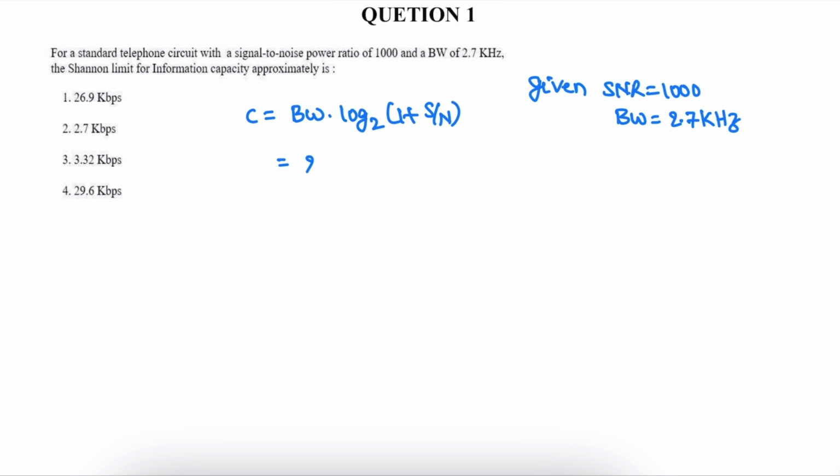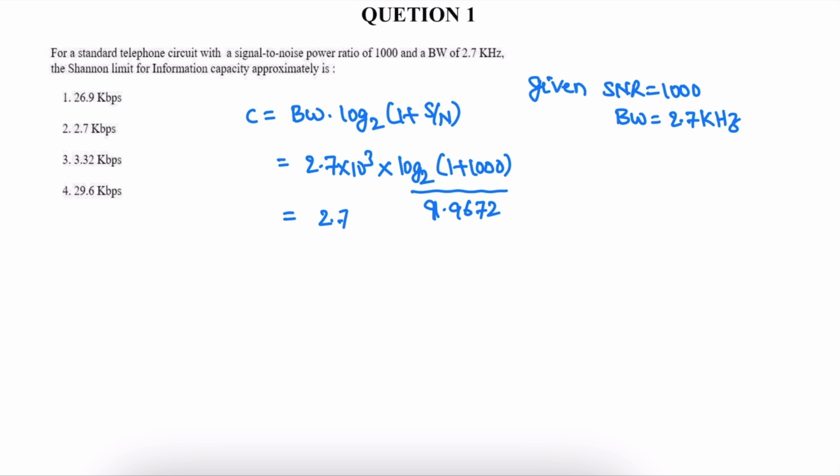So bandwidth is 2.7 kHz, log 2 of 1 plus 1000, and its value is 9.9672.